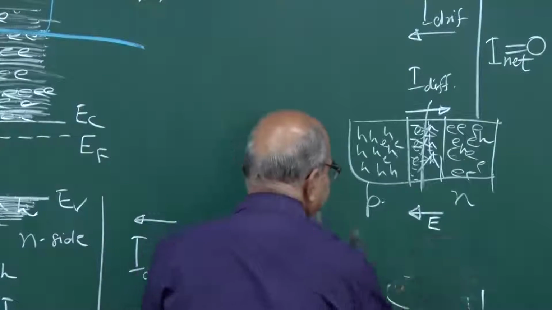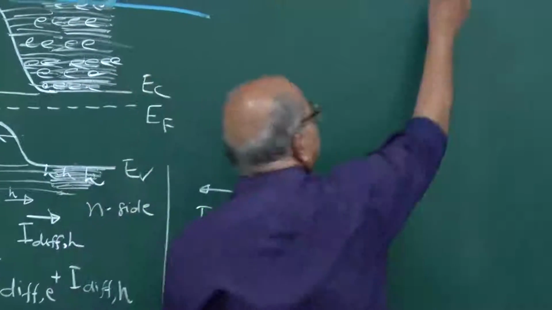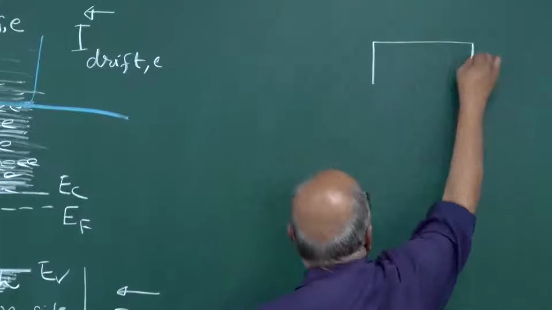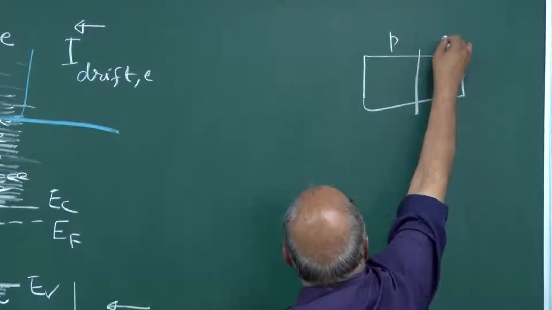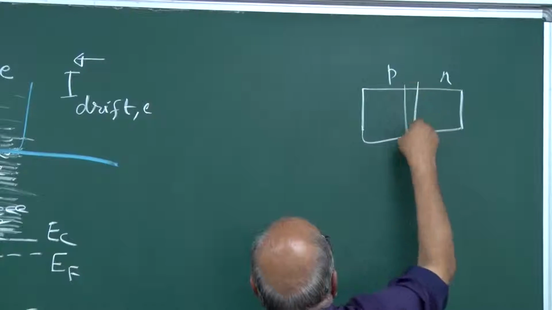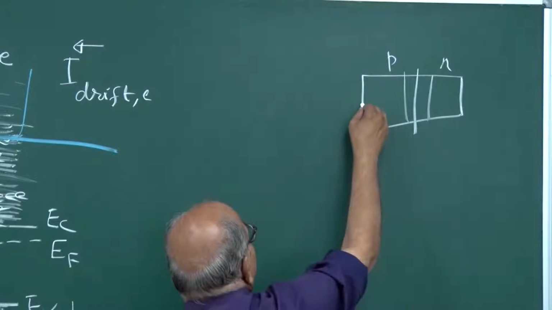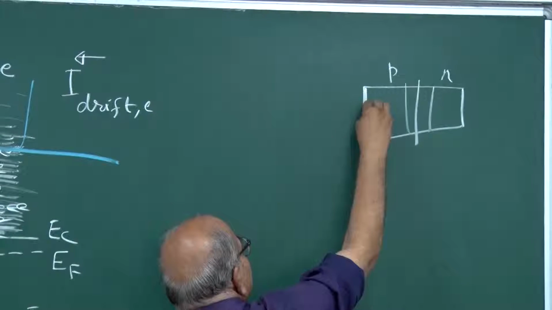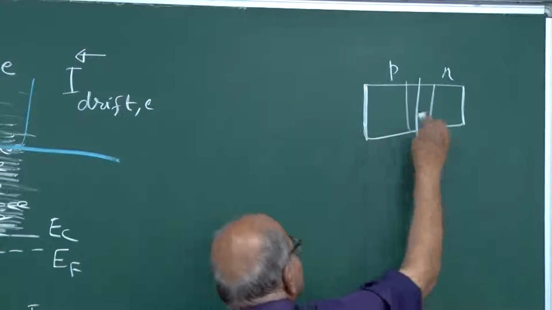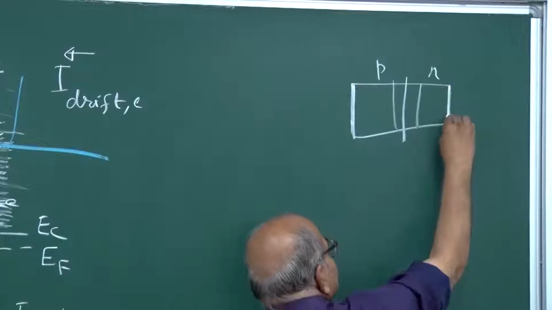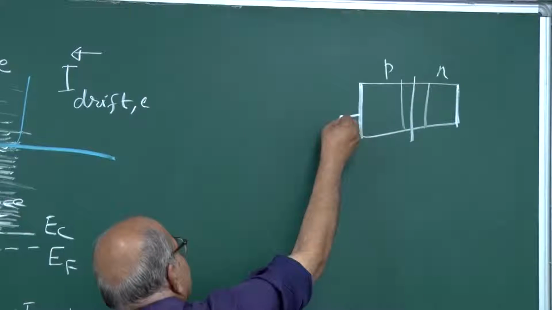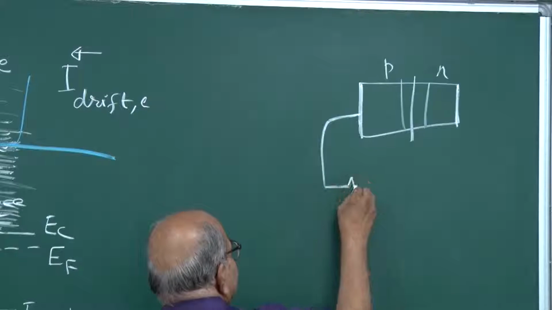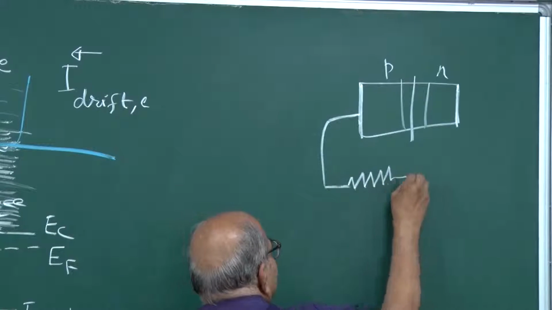So let me connect my PN junction to, here is a metallic contact, remember. Now this is important, we are going to connect it to external world. So this is the metallic contact, and let us take a resistance and then a cell.